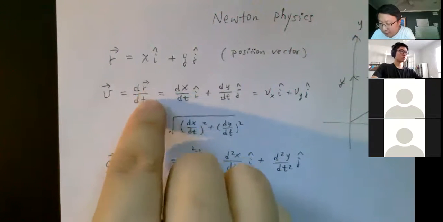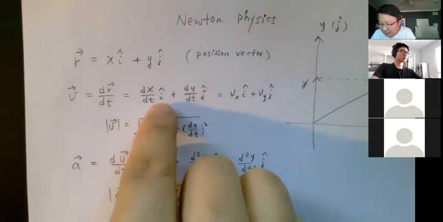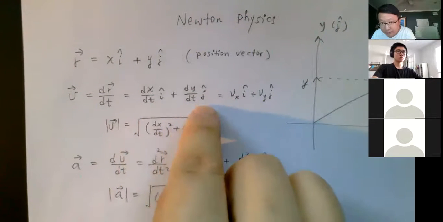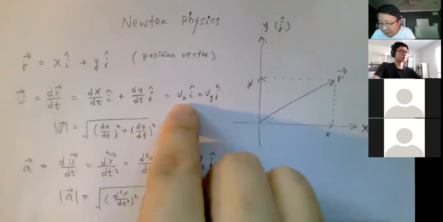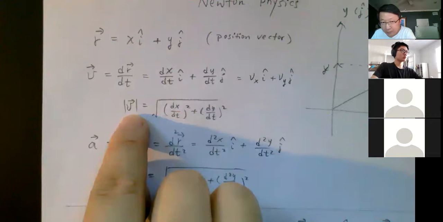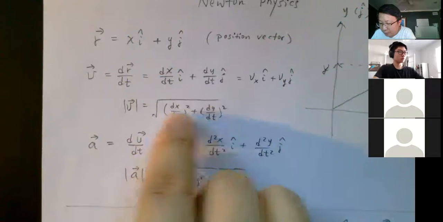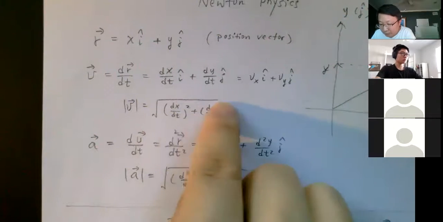Okay, then from here you have the vector, then the velocity definition is the vector's change rate with respect to time. So dr/dt eventually becomes dx/dt in the x direction, dy/dt in the y direction. So that becomes x velocity in the x direction plus y velocity in the y direction. Then the total velocity amplitude equals the Pythagorean theorem, this squared plus this squared, square root.